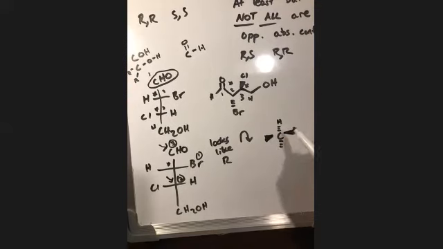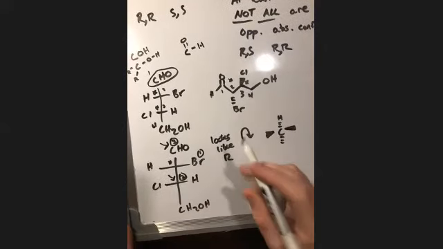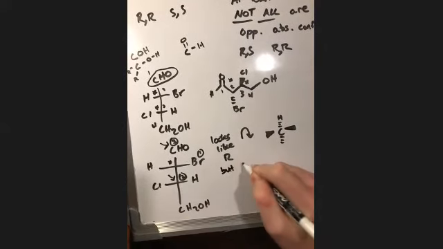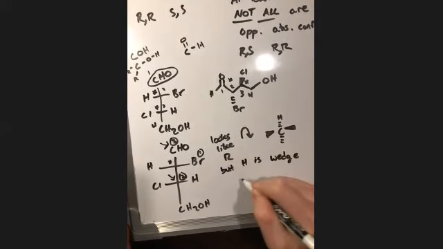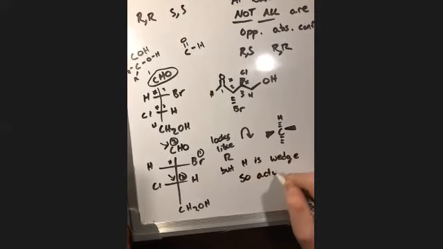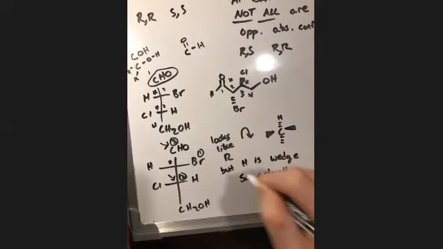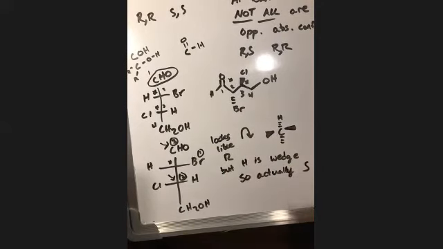So if the hydrogen is on the vertical, which is the dash, then the chirality is what it looks like. If it's on the horizontal, then it's the opposite of what it looks like. So here it looks like R, but the hydrogen is a wedge because it's on the horizontal. So it's actually R. Or sorry, it looks like R, so it's actually S.